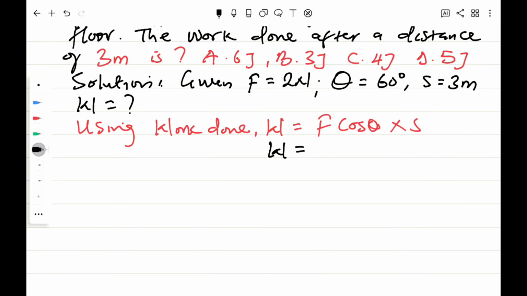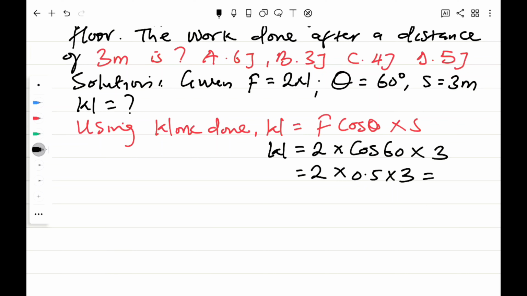So that W is equal to 2 multiplied by cos 60 multiplied by 3. So that W is equal to 2 multiplied by cos 60, which is 0.5, times 3. So that your final answer becomes 1 multiplied by 3. So that our W is equal to 3 joules.